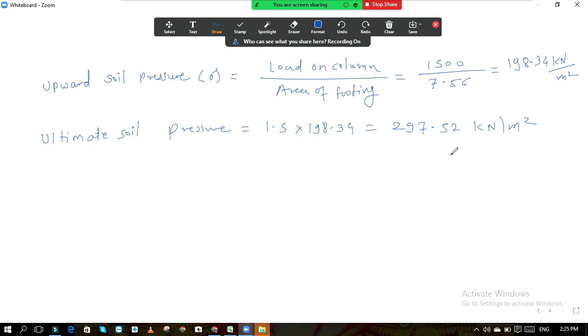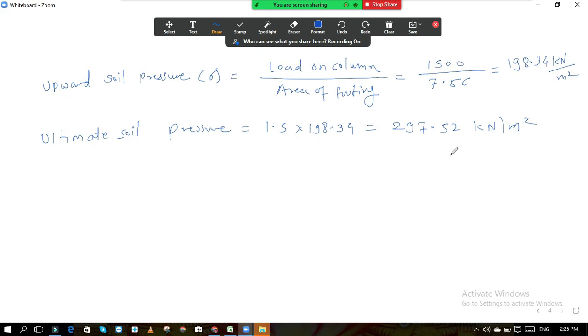And due to that shear force and that shear action, the column will fail along that strip. So this is called as one-way shear.